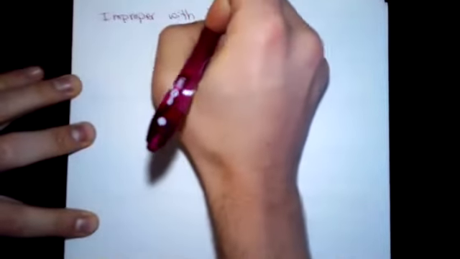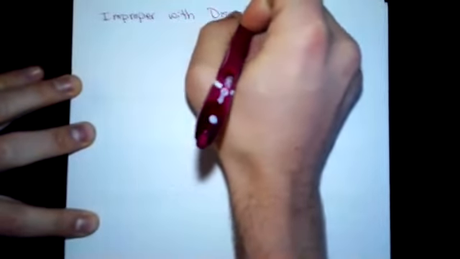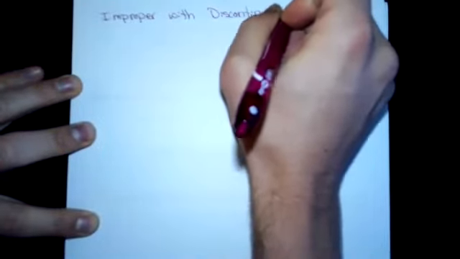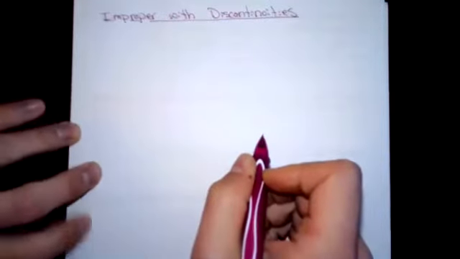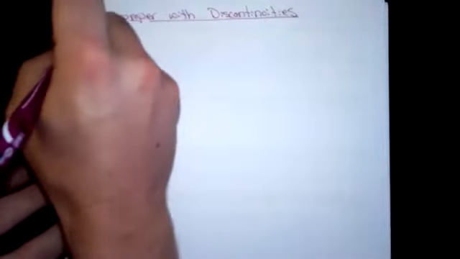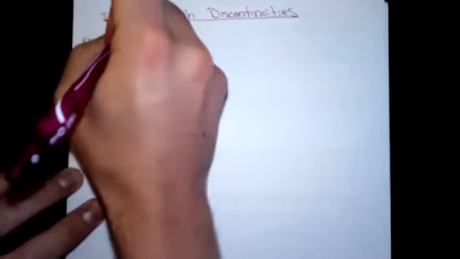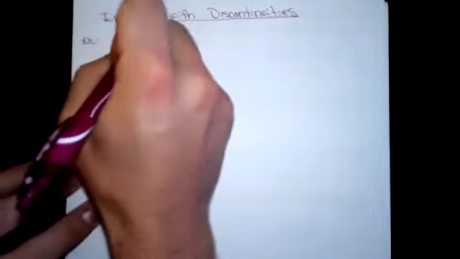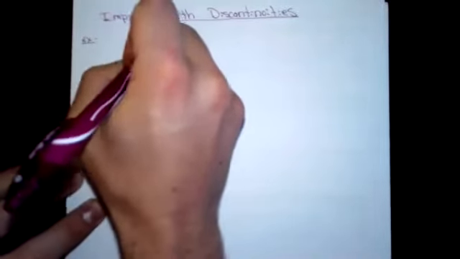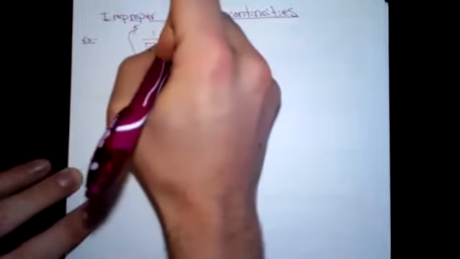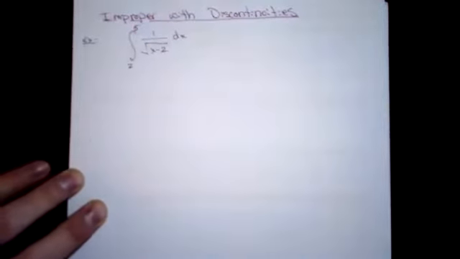So we'll say improper integrals with discontinuities. For example, say I have the integral from 2 to 5 of 1 over square root of x minus 2.